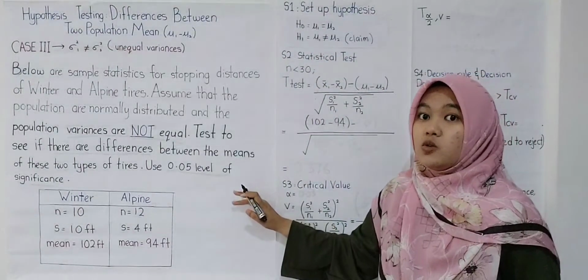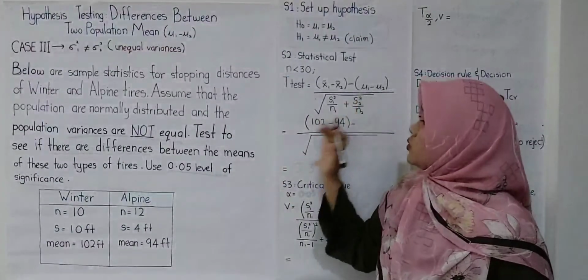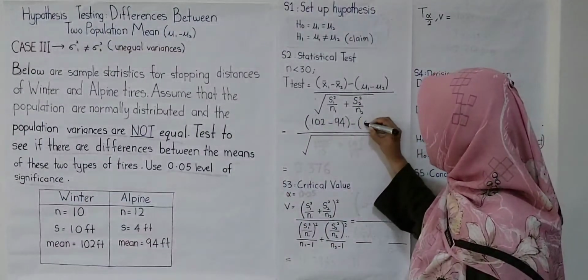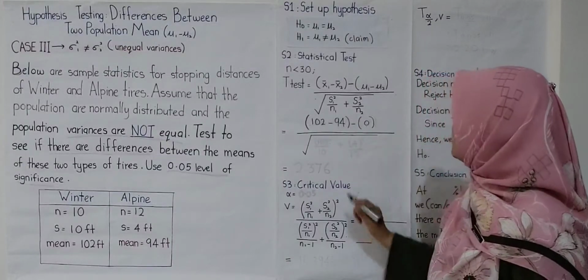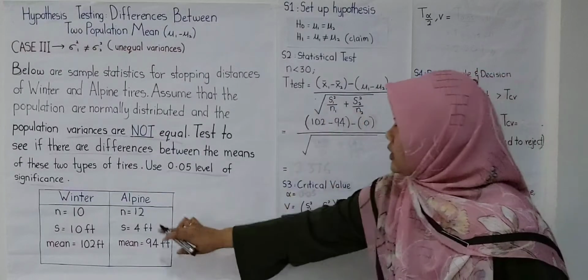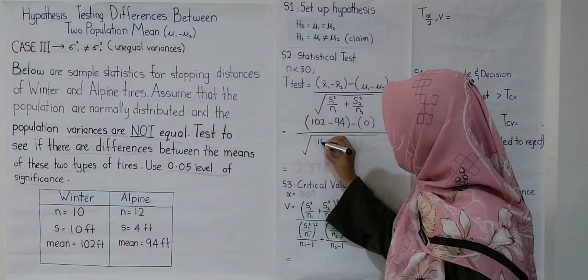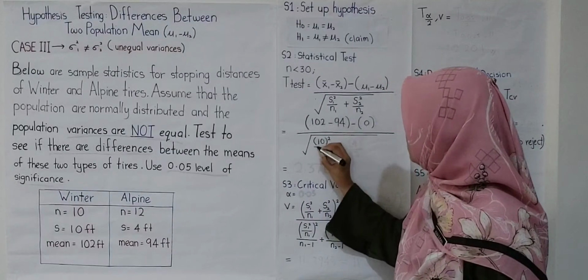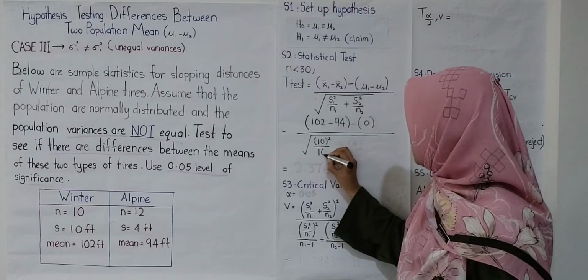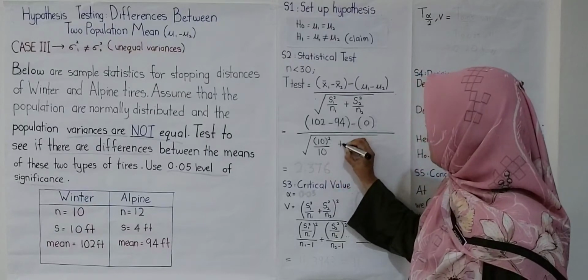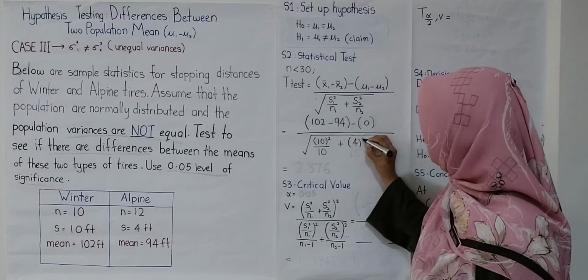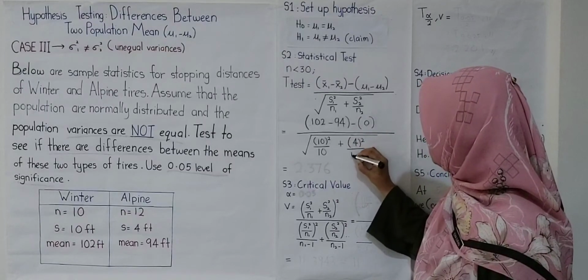If there is no mu stated in the question, we just need to write it as 0. Standard deviation 1 is 10, power of 2 over sample size 10, plus 4 squared over 12.